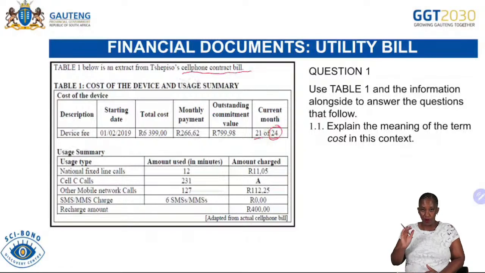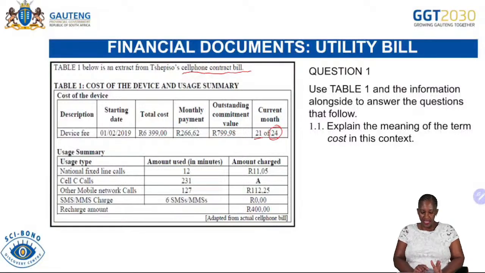Now, coming to the summary of usage, how did Tshepiso use his or her account? It shows here that calls were made to the national fixed lines, 12 minutes, then Cell C calls 231 minutes, other mobile network calls 127, and the SMSs and MMS charges, 6, and the recharge amount is 400 rand.